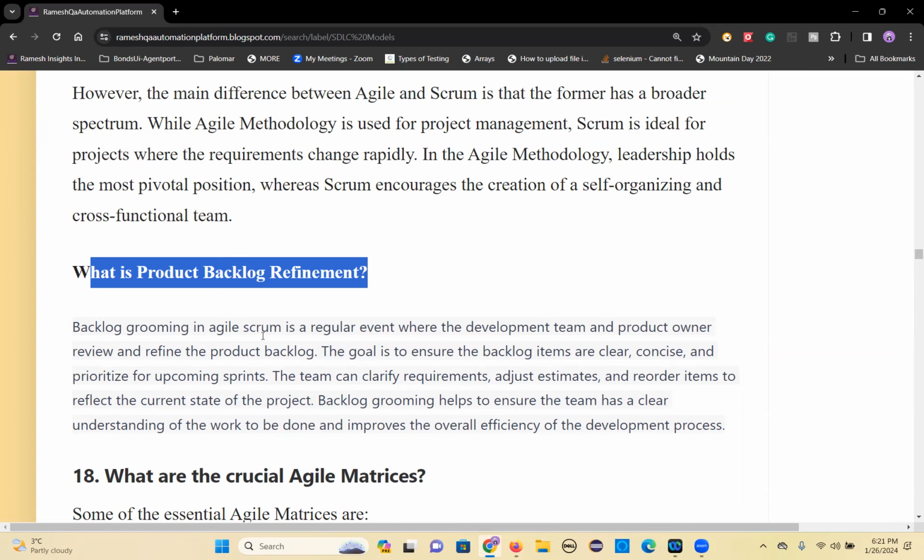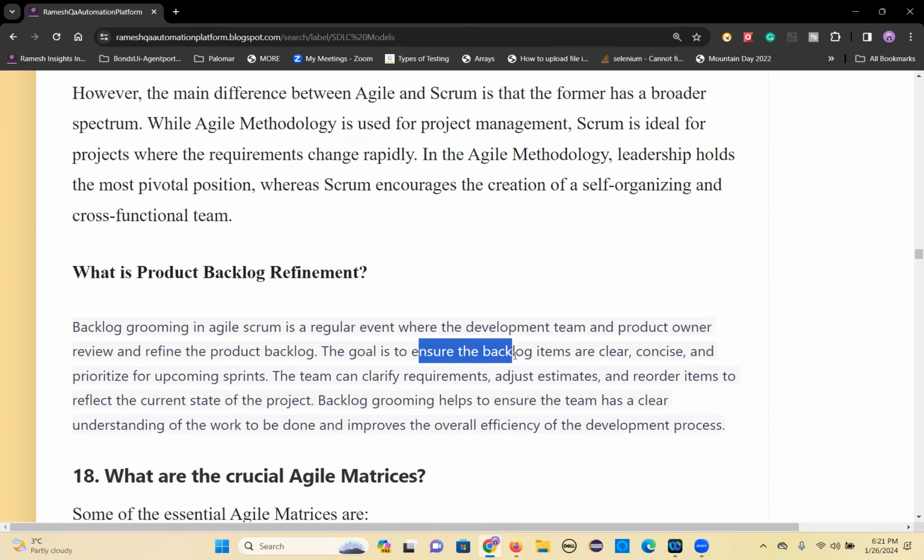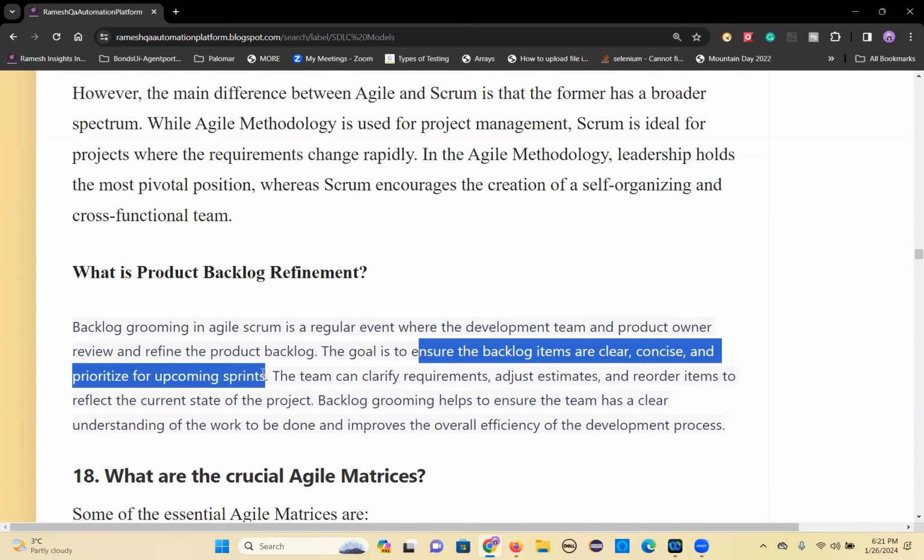They will improve it. That's product backlog refinement, refining the user story, adding more details. The goal is to ensure the backlog items are clear, concise, and prioritized for upcoming sprints.